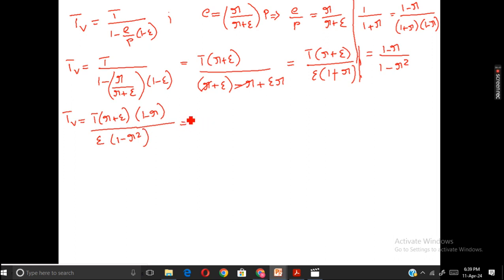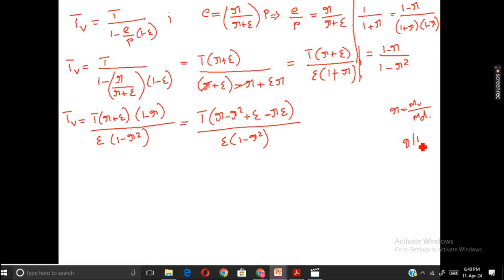Now again, if we open the brackets, it will be T into R minus R square plus epsilon minus R epsilon by epsilon into 1 minus R square. The mixing ratio is basically mass of vapor by mass of dry air. The mass of vapor is very small compared with the total mass of dry air, so it has very small values, in terms of grams per kilogram.